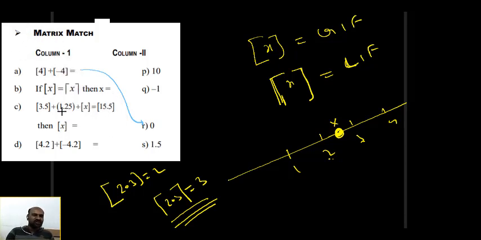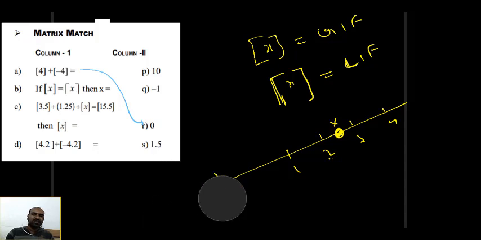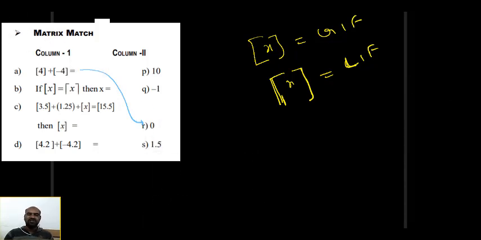When is the greatest integer function equal to the least integer function? Only when x is an integer. For 2.3, this is 2 and this is 3, so these two are not the same. When they are the same, what you take must be an integer. So the greatest integer function of x equals the least integer function of x, which implies x must be an integer.